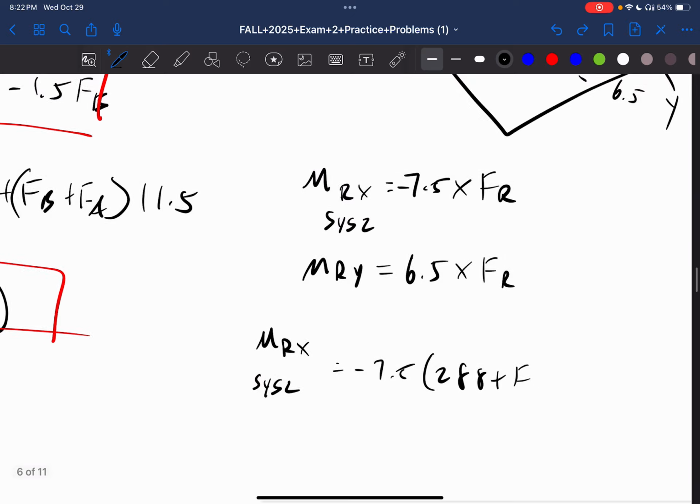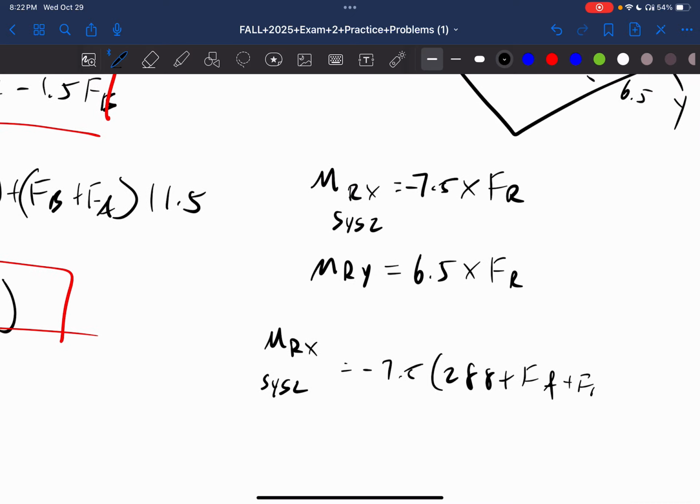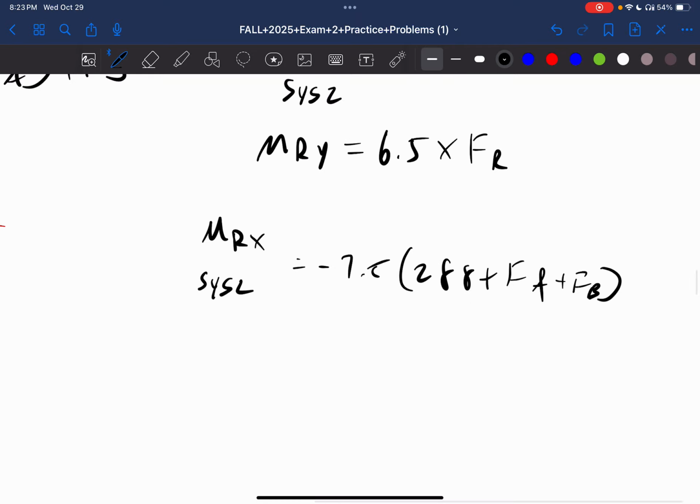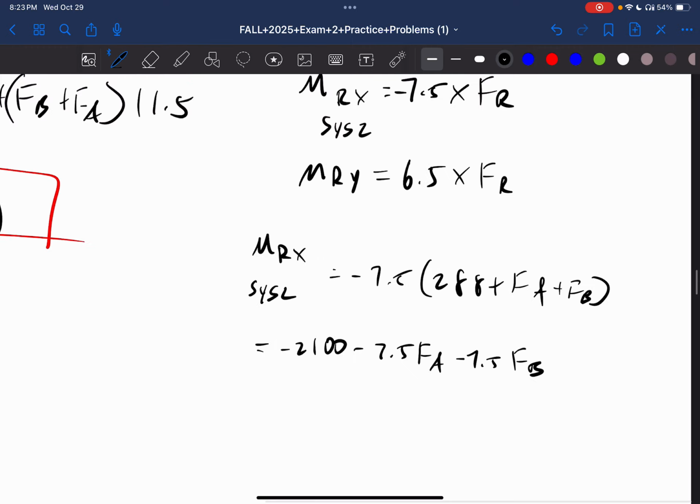FA plus FB. Now that we have this, we can just solve. Pretty simple. Negative 2100 minus 7.5 FA minus 7.5 FB.